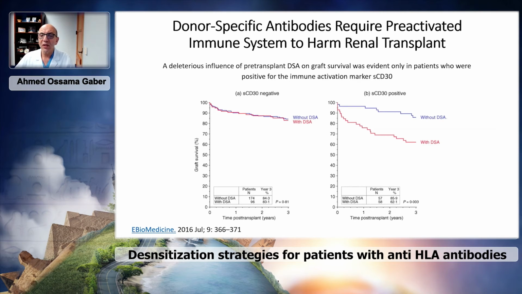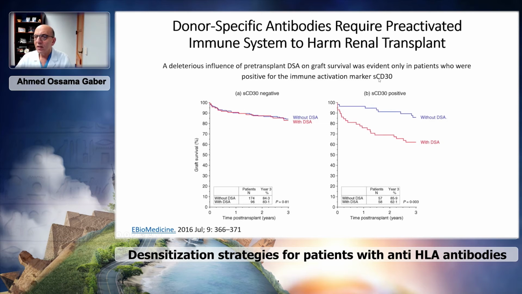Patients who were transplanted with DSAs were very similar to patients who were transplanted without DSAs if their CD30 was negative. If their CD30 was positive, and CD30 is a marker of immune activation of the T cells, it indicates that the patient not only has DSAs, but also has an active immune system.